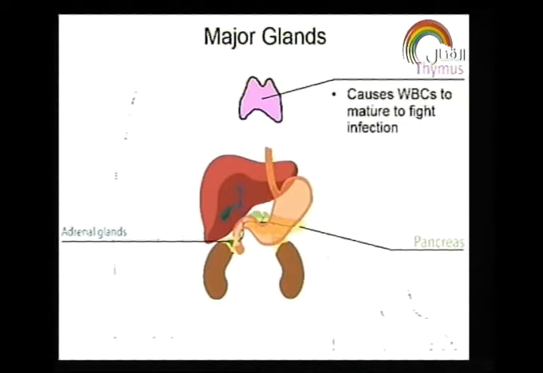You already studied the pancreas and adrenal gland, but you didn't study the thymus. The adrenal gland secretes a hormone called adrenaline, and scientists call this hormone the emergency hormone.